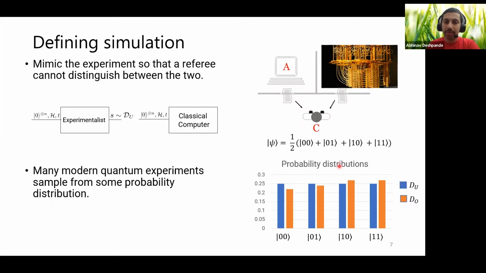For example, if the state produced at the end of the evolution is a uniform superposition over n-bit strings, then they're actually sampling from this probability distribution over these n-bit strings. So we ask that the classical computer sample from a distribution D_O that's only slightly off.